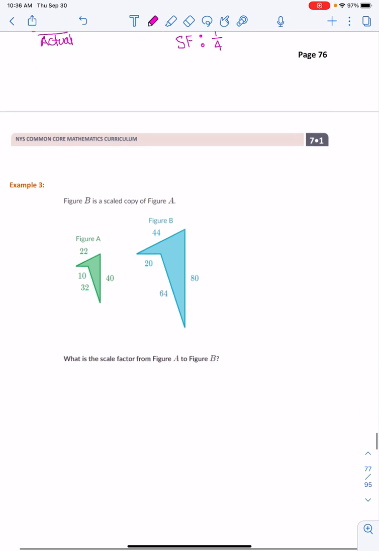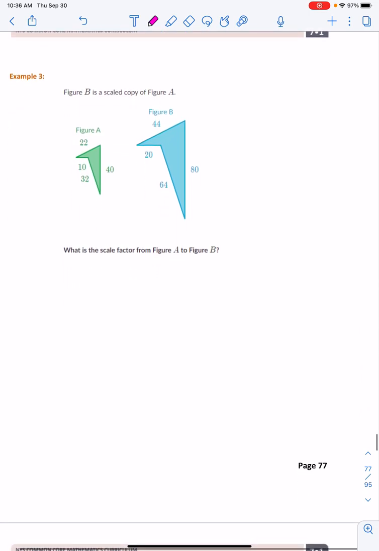So our next example says figure B is a scaled copy of figure A. What is the scale factor from figure A to figure B? So our scale, figure A to figure B. So figure A is 22, figure B is 44.